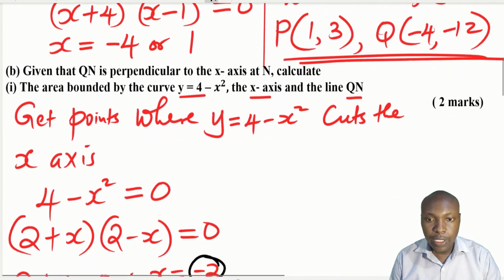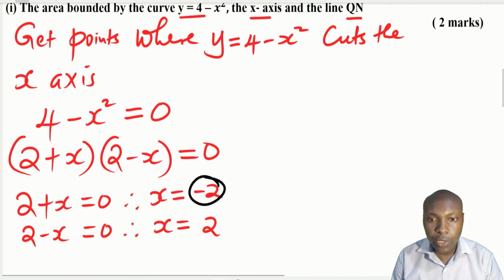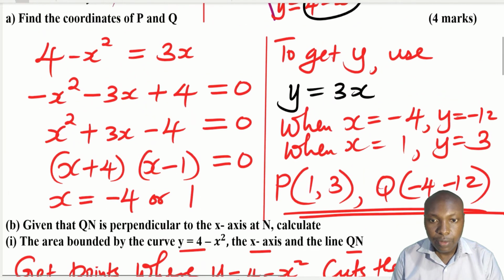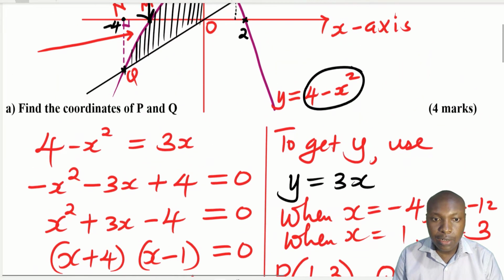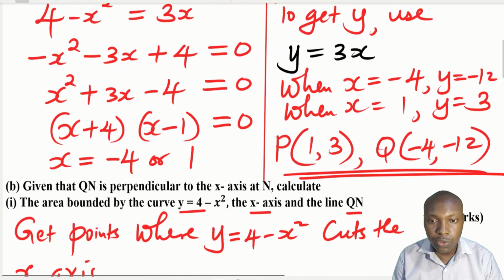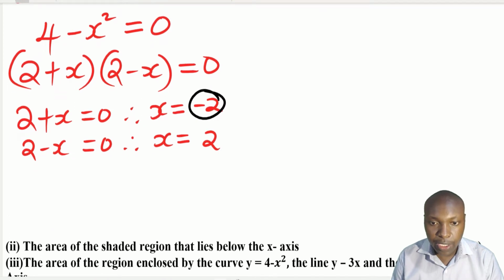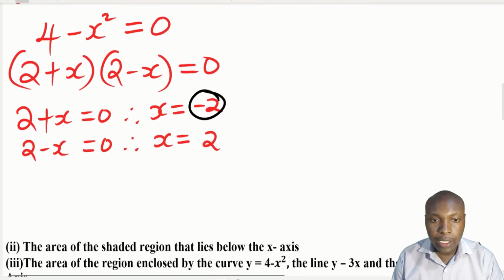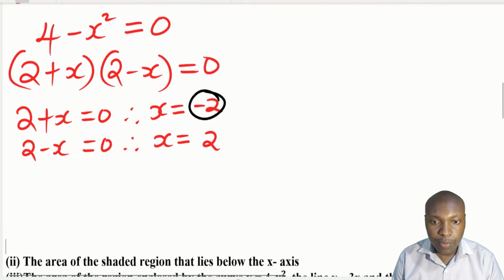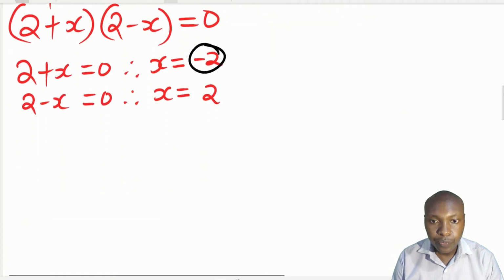The reason why we're getting these points is to enable us to get that area that we were finding there. We identify the region that you're supposed to find. That's the region I've indicated by the use of R. So we're going to integrate the function of that curve, and the limits that you're going to use is from -4 to -2.